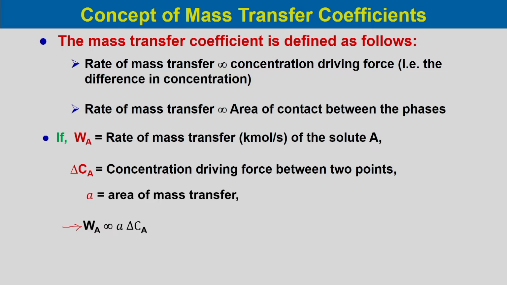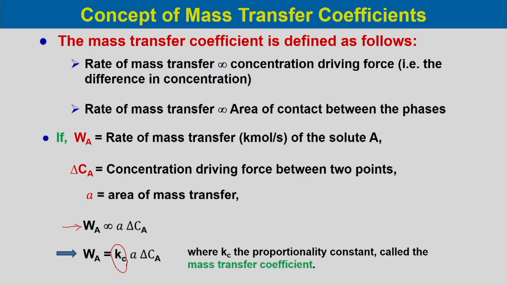So, WA would be equal to Kc A delta CA. This Kc is the proportionality constant and it is called the mass transfer coefficient.